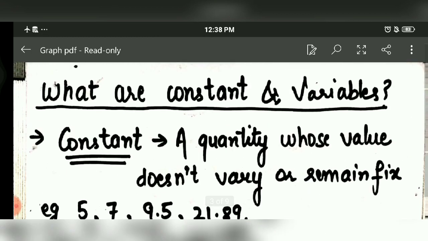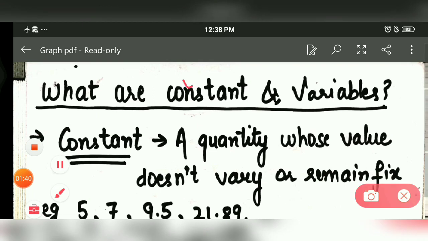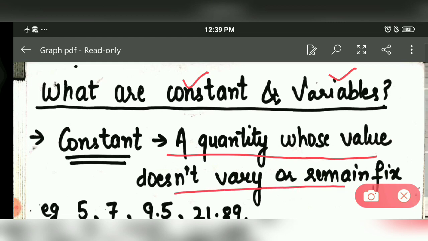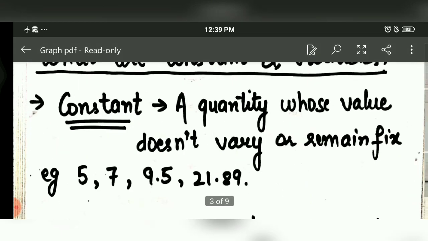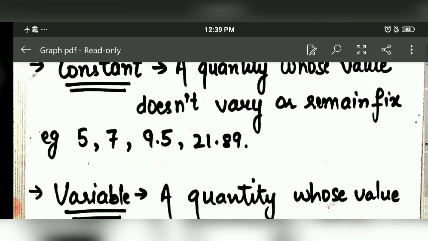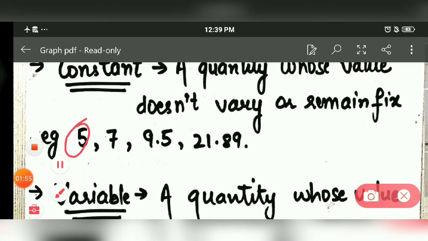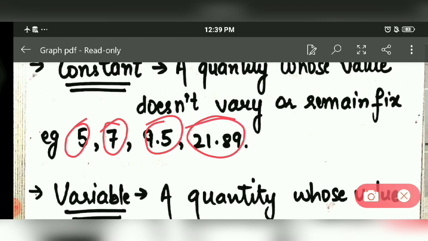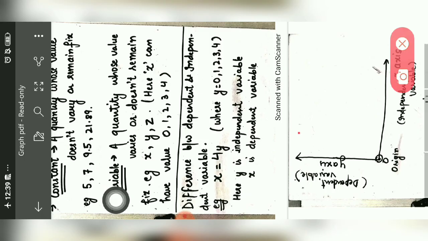First of all, we have to define what is a constant, what is a variable. A quantity whose value doesn't vary or remains fixed is called constant. For example, 5. Value of 5 is going to be 5. Value of 7 is going to be 7. 9.5 is 9.5.